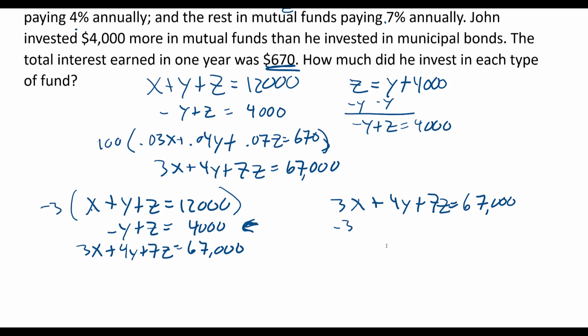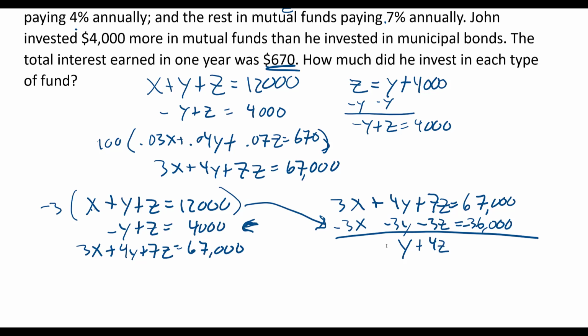So it gives me negative 3x minus 3y minus 3z equals negative 36,000. If I add these together, the x's are gone as we had planned, and we have y plus 4z equals, what is that, 31,000? Okay.